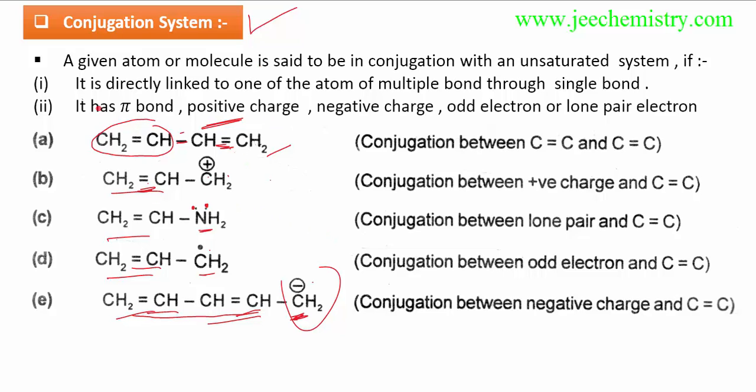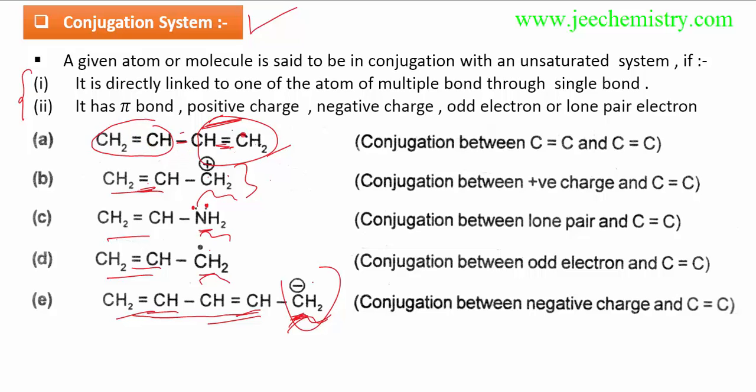So according to the definition, if you apply these two points, the first point is a given atom or molecule. Any given atom is said to be in conjugation when it is directly linked to an atom of a multiple bond through a single bond, that is, linked to a multiple bond atom or group of atoms through a single bond.